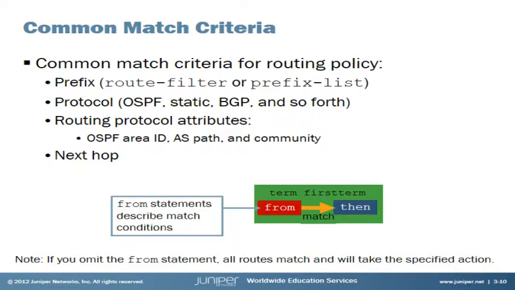So AS path and community are attributes of BGP routes, whereas an area ID is an attribute of an OSPF route. They will have an area associated with it. We can match on the next hop address. So there's certain things that we can match on.